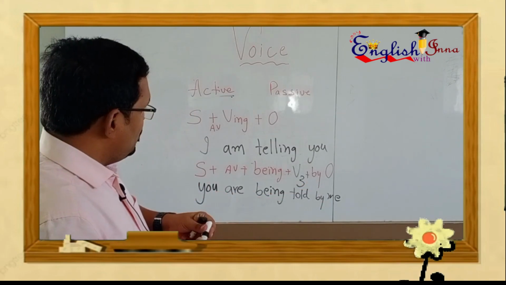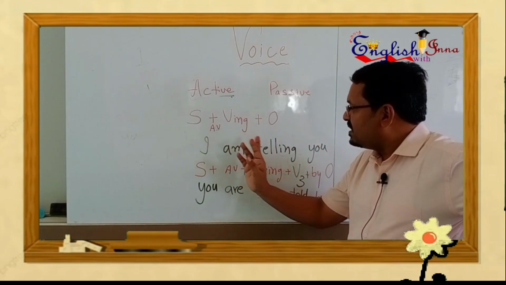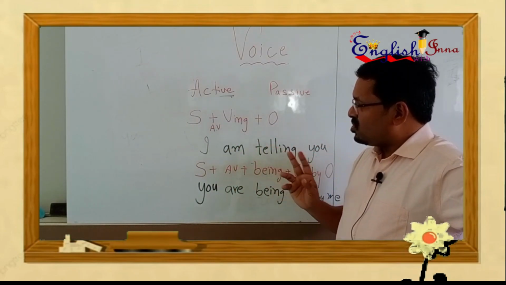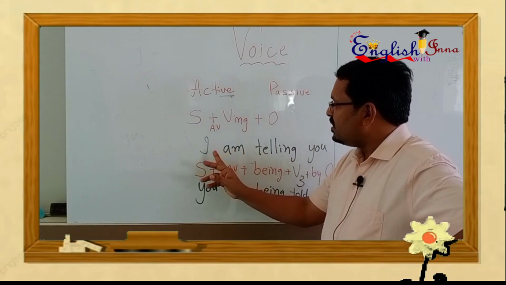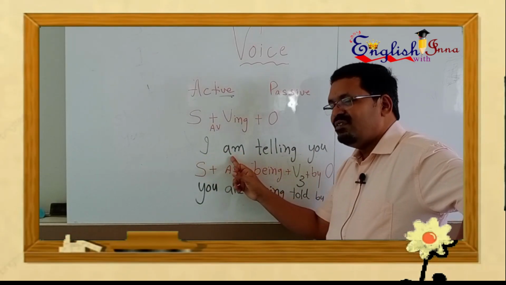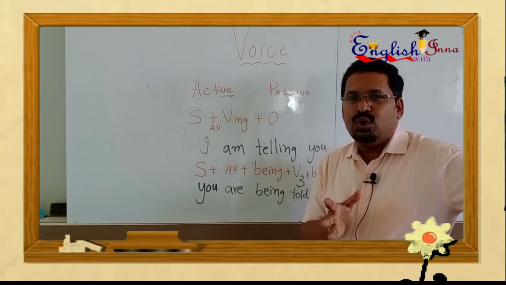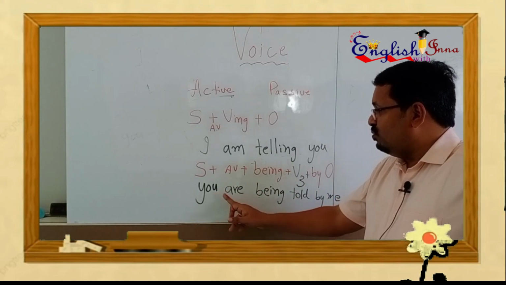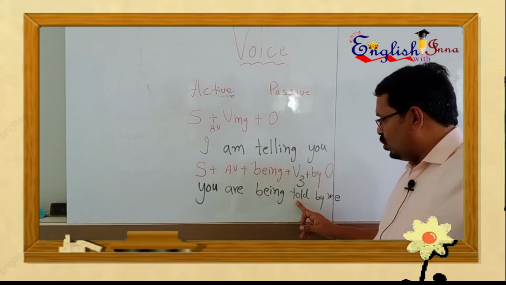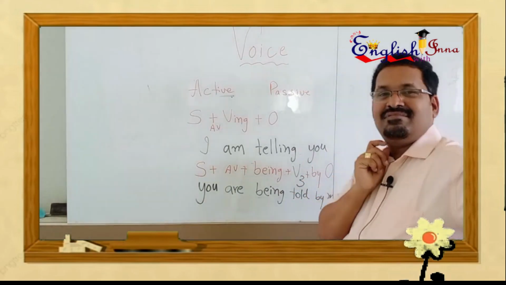So let me give you a few more examples with different subjects. How do we go about it? She. When she comes here, again the auxiliary verb is. She is telling you. Then you are being told by her. Very good.